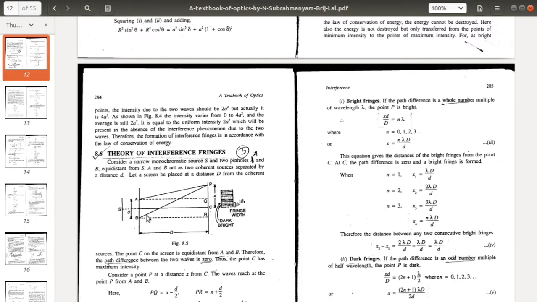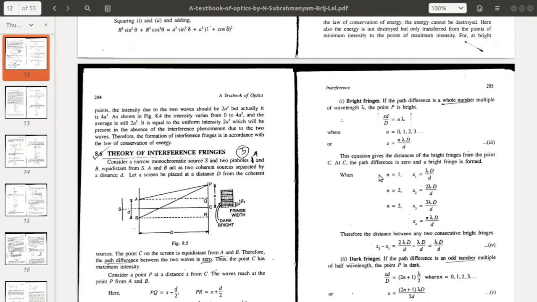These things we have already discussed in the last class. So on both sides of the central point, the lights coming from both A and B will have a path difference, so that we get colored fringes on both sides of the screen. Now we can see how these colored fringes are produced.